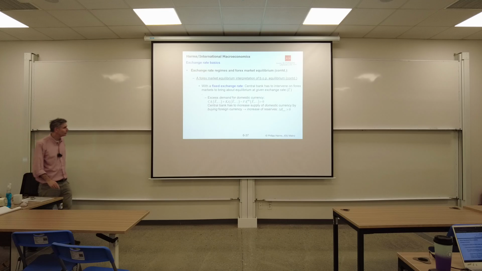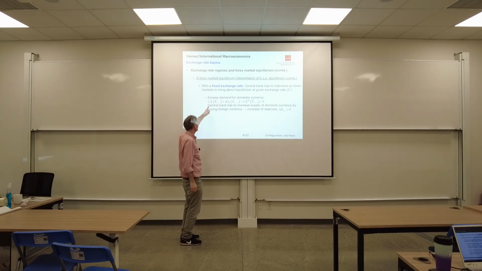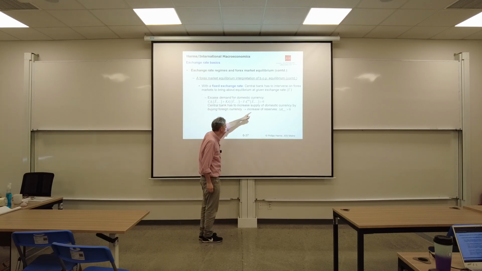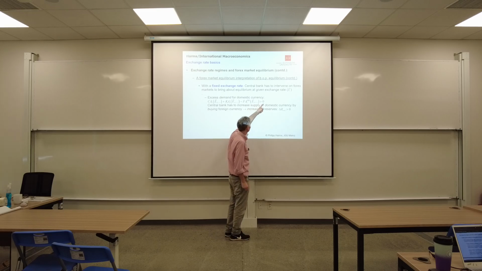Now, you have excess demand for domestic currency if the sum of the current account and capital account is bigger than the financial account at the given exchange rate. And well, here's the financial account non-reserves. We've moved it to the left-hand side by just subtracting.